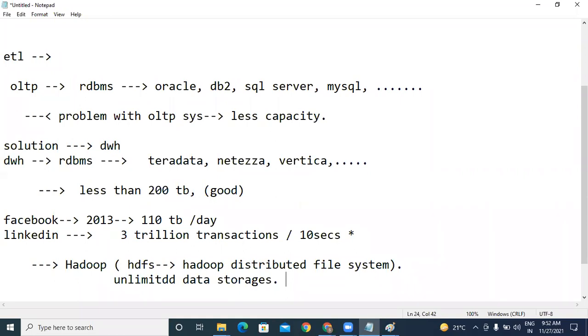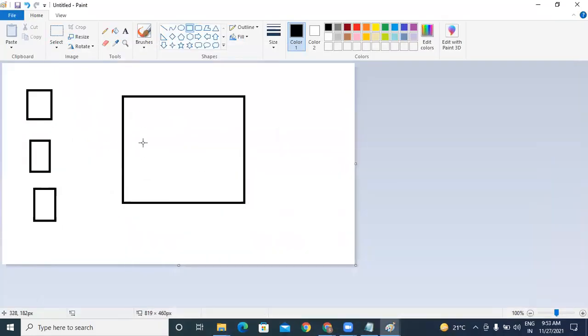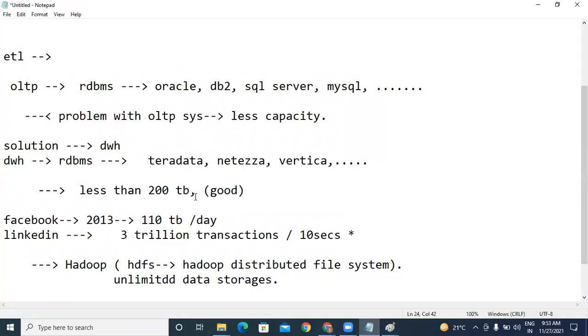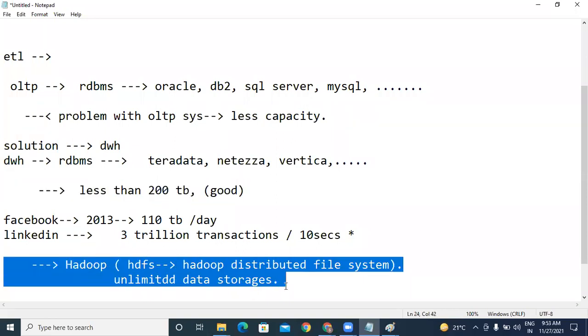Got it? What exactly those technicals are, later. First, I stuck at only ETL. Now you know, based on the data volume, you can use different databases. For the warehouse, if your volume is less than 200 terabytes, go with Teradata. Greater than 200, go with Hadoop kind of systems or other distributed file systems.